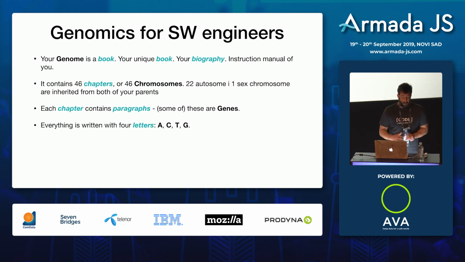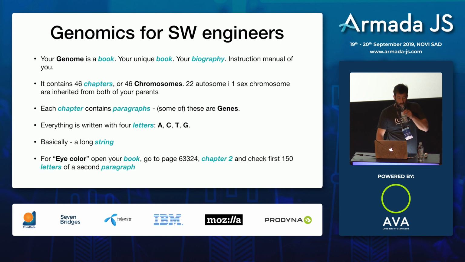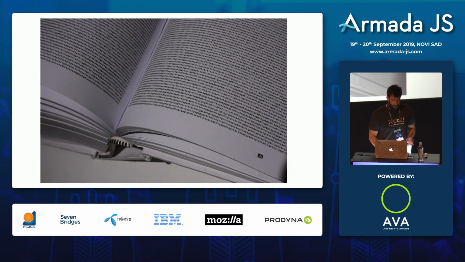And everything is written with 4 letters. So basically, it's a long string. For eye color, open your book, go to page 63324, chapter 2, and check the first 150 letters of the second paragraph. If you had your books now, everybody would see their eye color. Yeah, this is how it would look.